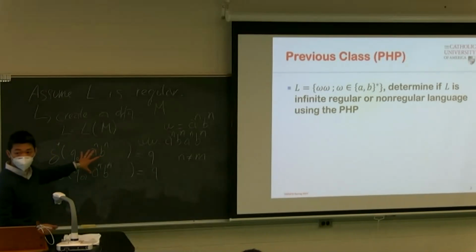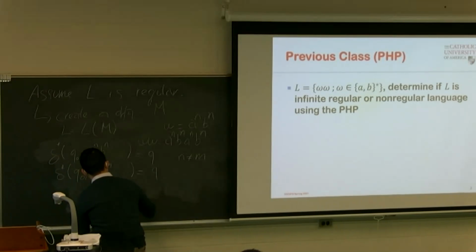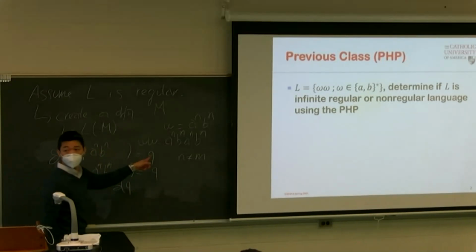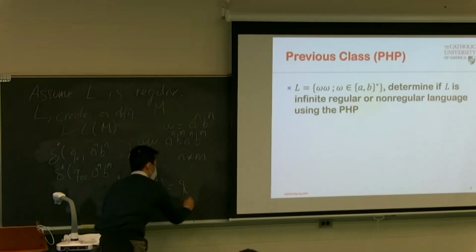Keep these two: A to the N, B to the N equals QF. So from Q, you process A to the N, B to the N and go to the final state, QF.